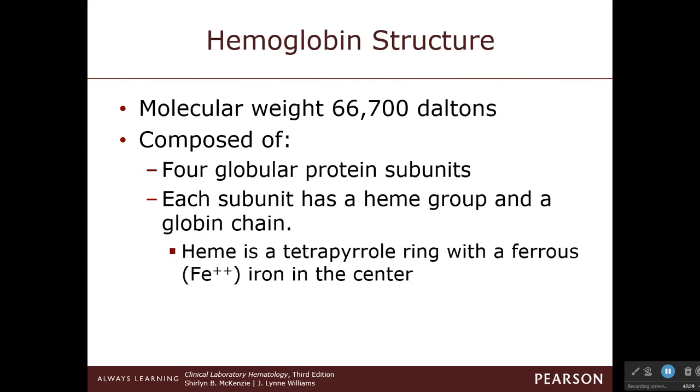An enzyme converts it to iron 2 so that it can be used in that heme ring. The reason it does is because iron 3 doesn't like oxygen.